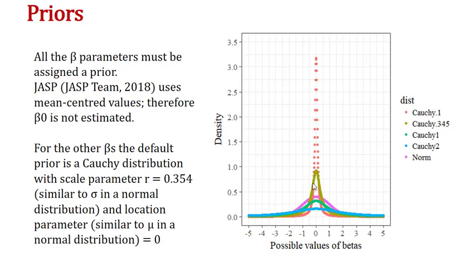Then we have this distribution, which is the Cauchy with 0.345. That's the actual default prior distribution that JASP uses. You can see that values close to 0 are the most likely, but it's not as peaked as in a Cauchy with 0.1.